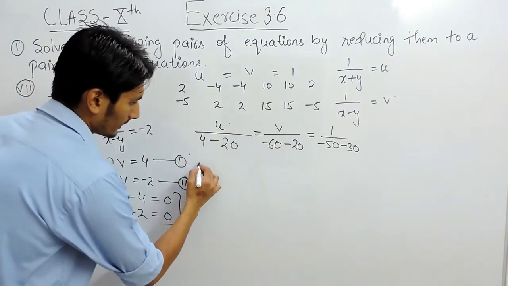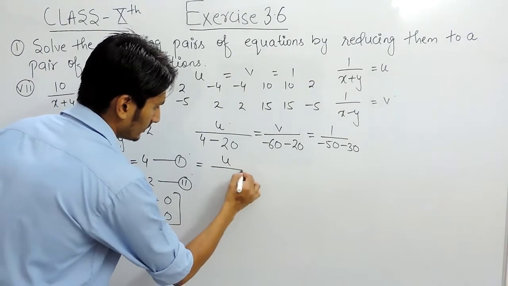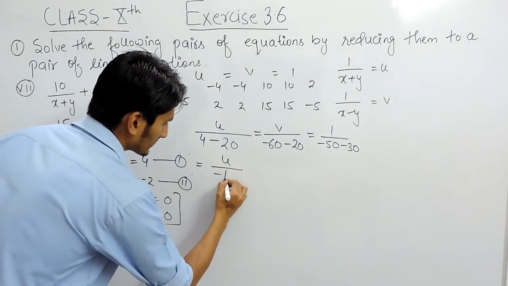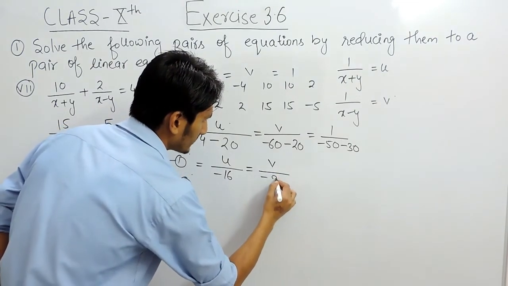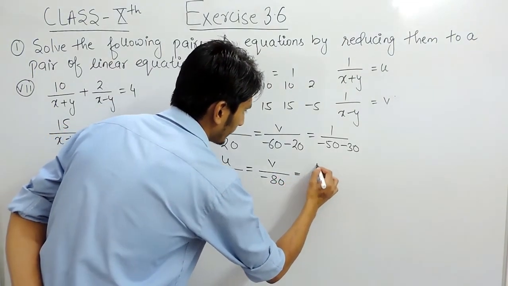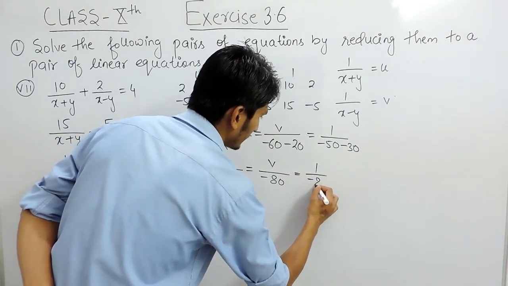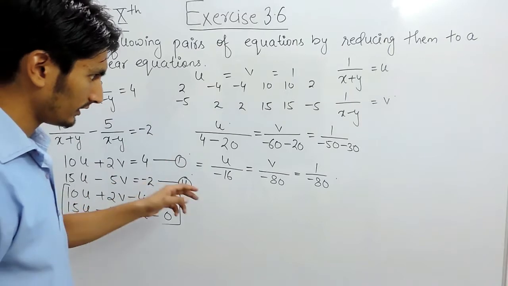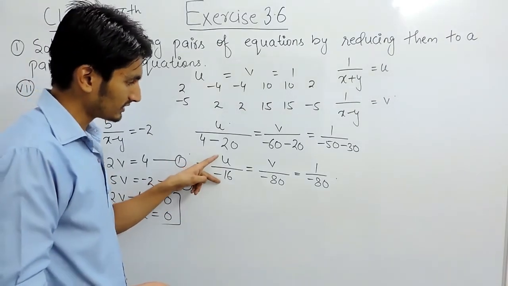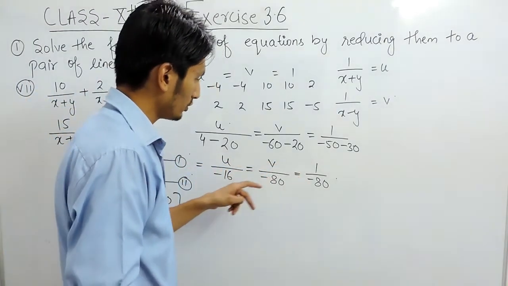After that, we can further solve it. So 20 minus 4 is 16, minus 60 minus 20 is minus 80, and again minus 50 minus 30 is minus 80. Now you can equate them. This value is equal to this value.